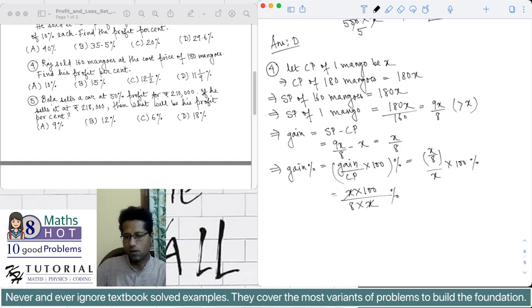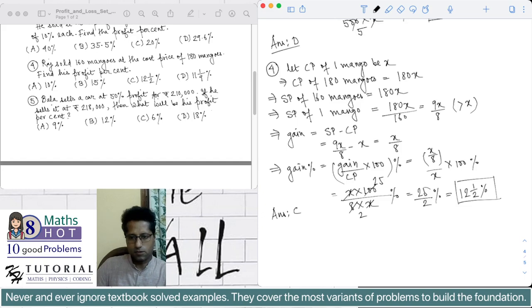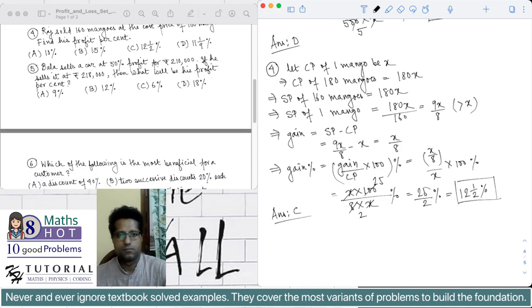X cancels out. 4 divides 8 with 2, 4 divides 100 with 25. So this is equal to 25 by 2 percentage, which is equal to 12 and a half percentage. So the gain percentage is 12 and a half percentage, and hence the correct choice is C. C is the correct choice. Let's do problem number 5.